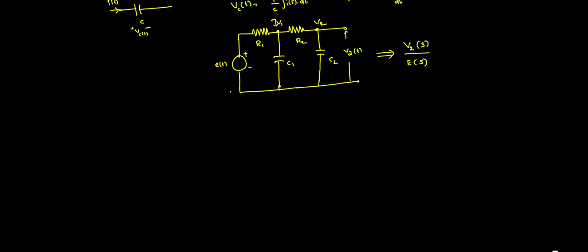For example, the current that is passing through this resistance is (V1 minus E) divided by R1, because the current flowing in this circuit is the difference of this potential and this potential. So the current flowing through the capacitor is C dV1 by dt, and the current flowing through the resistor, plus (V1 minus V2) by R2, is equal to 0.